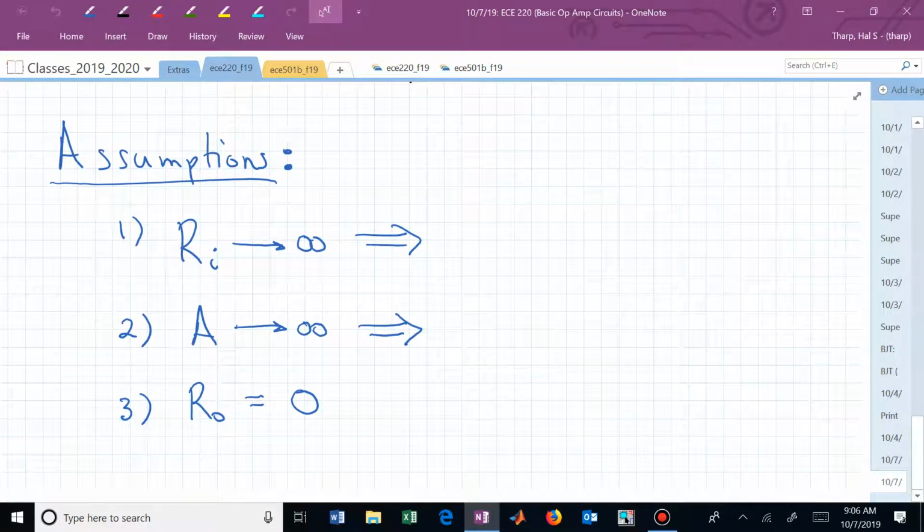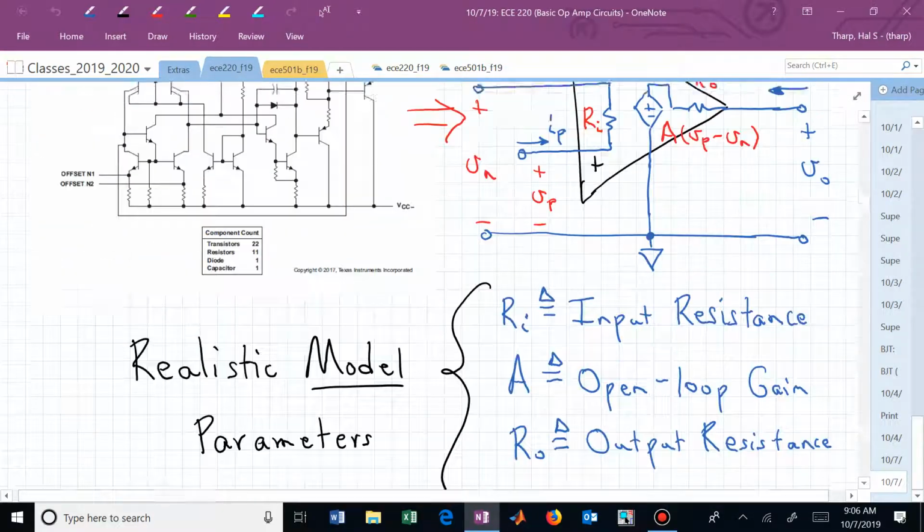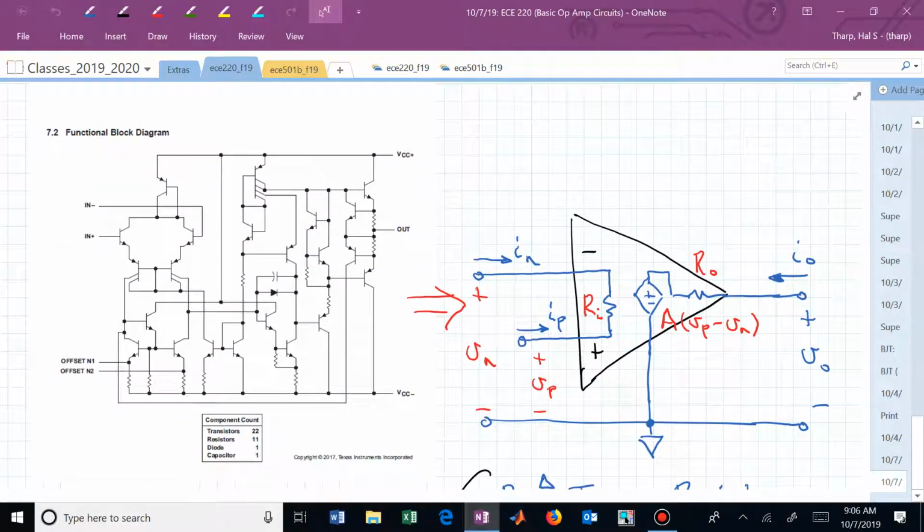If we let R sub I go to infinity in this particular circuit, what does that do for us? How do we think about or understand what happens when R sub I goes to infinity? What would that be like?